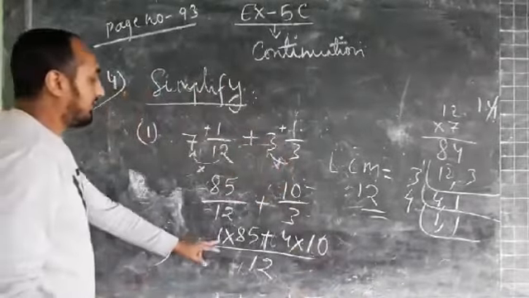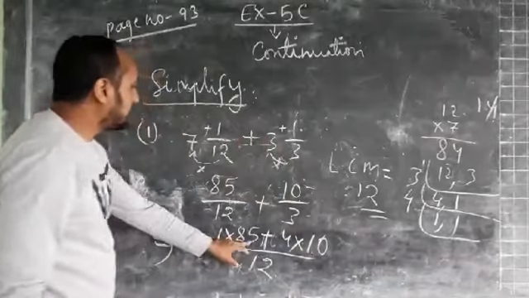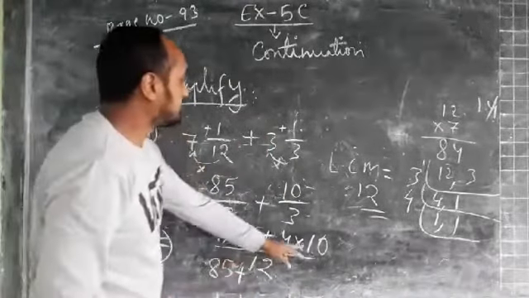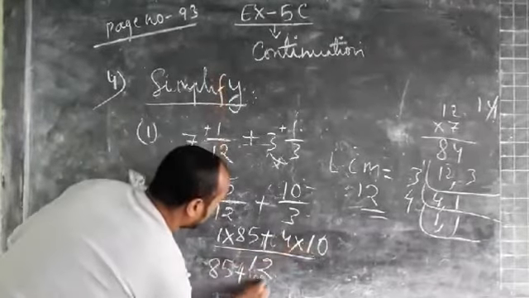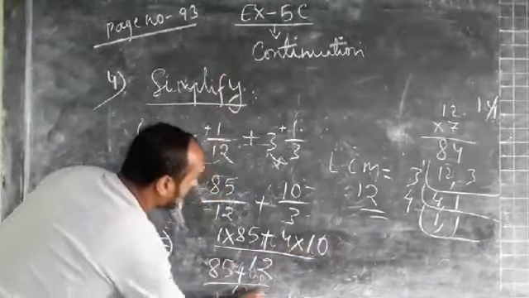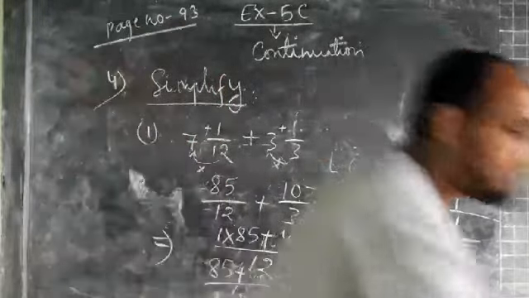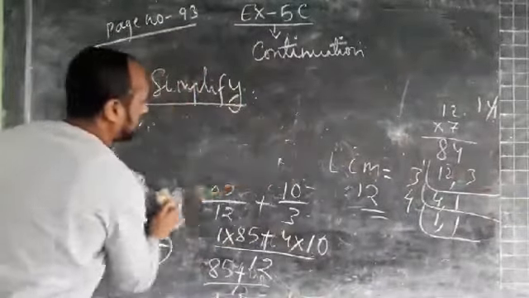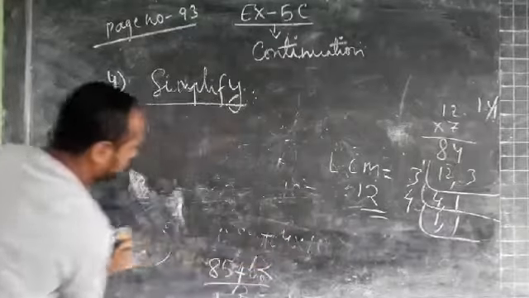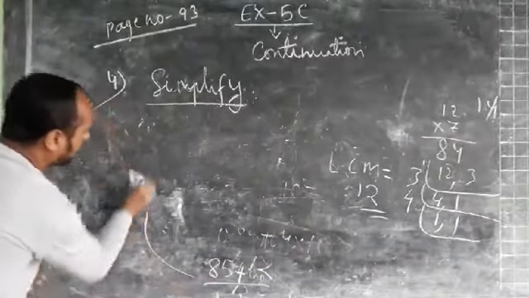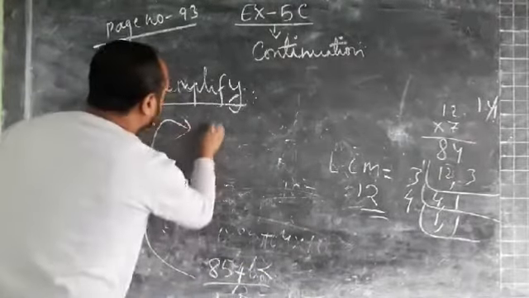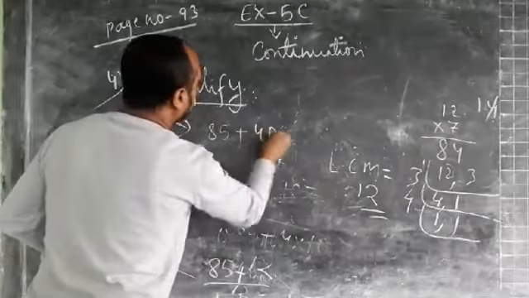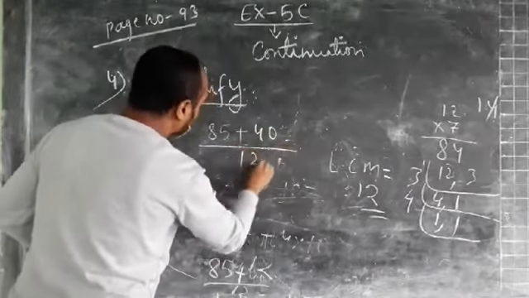So when we multiply this 85 into 1 we will get 85 plus this 4 into 10, 40, by 12. So here we are getting 85 plus 40 by 12.